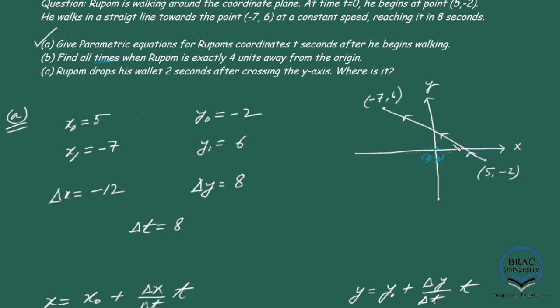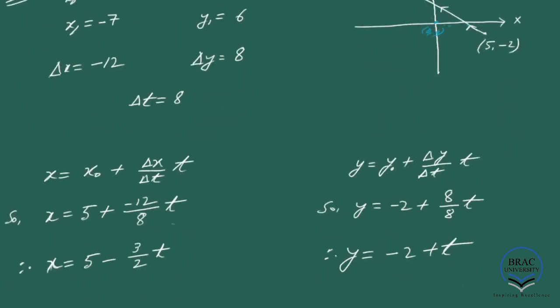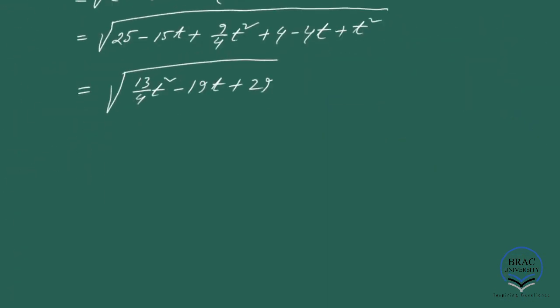So I might get 2 different locations or 2 different times for Rupam to be 4 units away. We found the general distance between Rupam and the origin, and now I want that distance to be equal to 4 units.